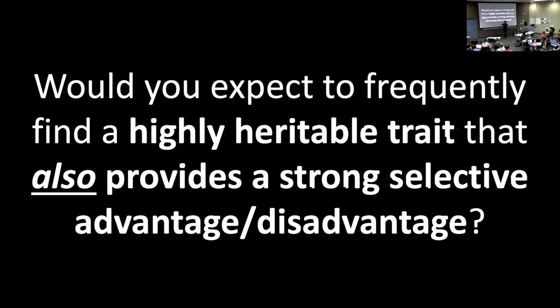So the reason why selection, good or bad, purges heritability from a population is because selection generally reduces genetic variation. If you take a population that has a lot of variation in the genes and a lot of variation in the phenotype, then you potentially have high heritability. But as selection marches on, it's going to get rid of the genetic variation.